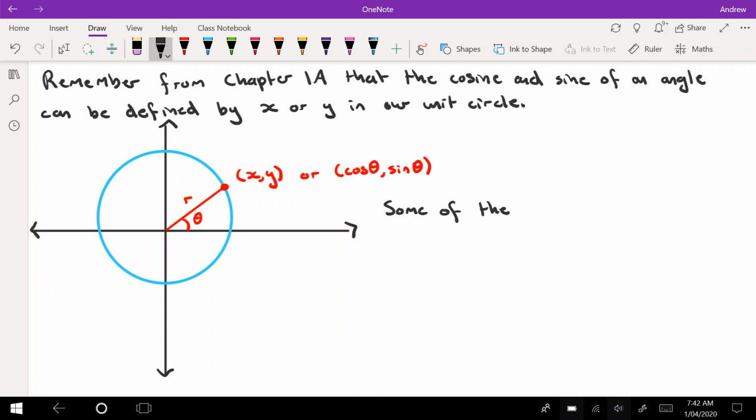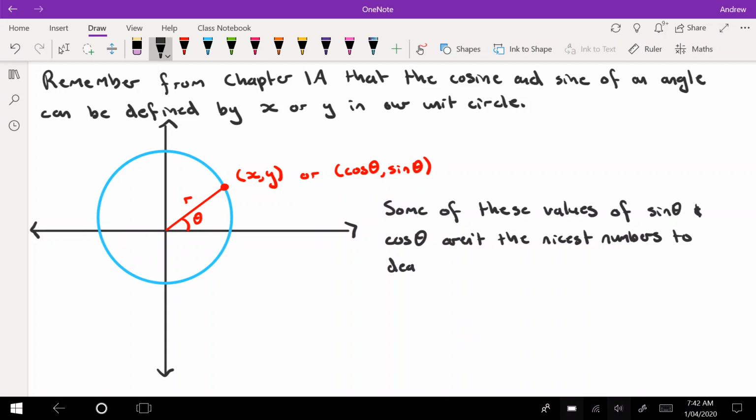Some of these values of sine theta and cos of theta aren't the nicest numbers to deal with. There's some forms of irrational numbers and just long-winded, non-repeating decimals, so we don't really like just remembering them off the top of our heads.